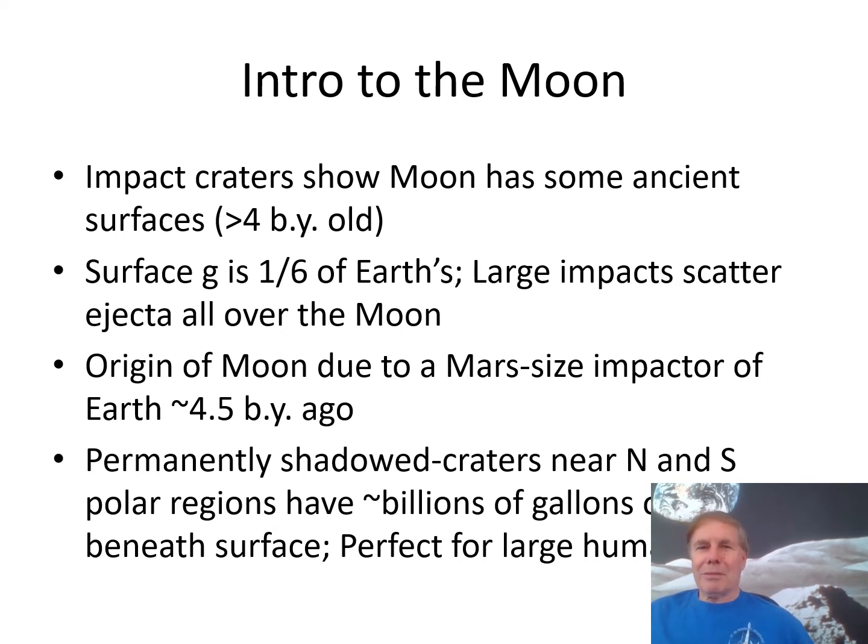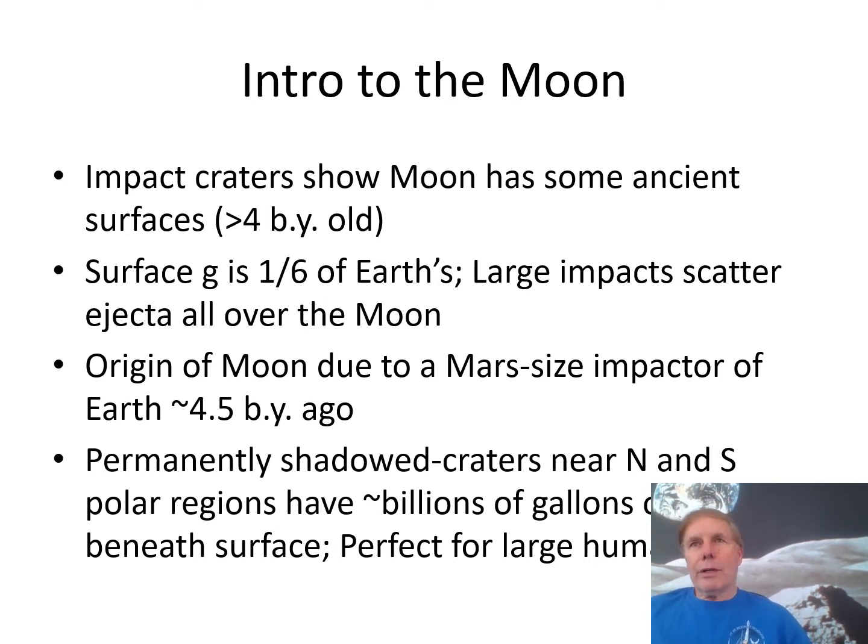Okay, so let's talk about the Moon a little bit here. The Moon has impact craters. Almost everybody who's ever seen a picture of it knows that. And that tells you the surface hasn't been really disturbed in a long time. Many areas on the Moon are greater than 4 billion years old. We know this for two reasons, because we actually had radiometric ages using radioactive elements that have shown us that the oldest areas on the moon are 4.6 billion years old.